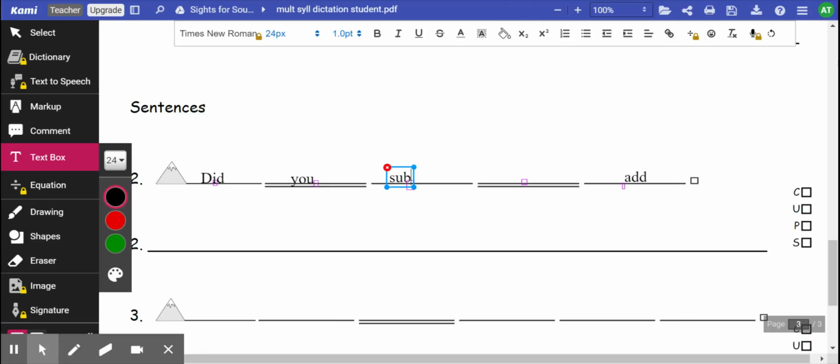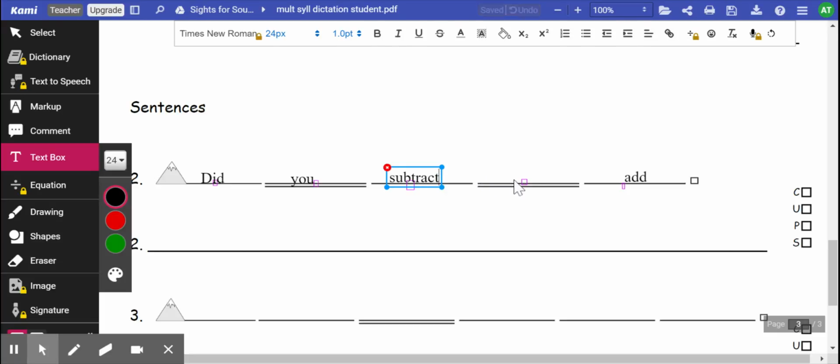B says B. The second part is tract. So sound by sound, tract. T, R, act. So T and R together, at is A says at, and ct is C and T.